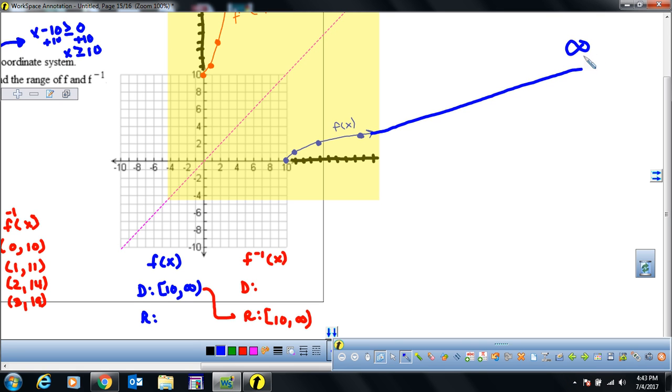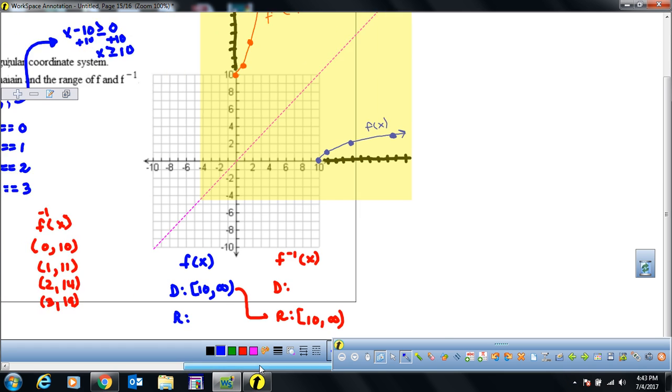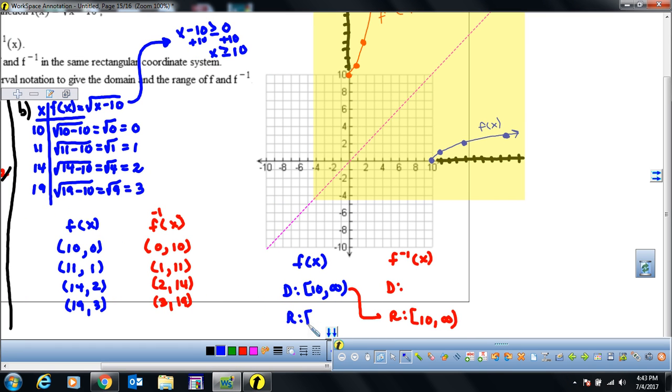So the range is from 0, including 0, all the way to infinity. Now, since the range of the function f of x is 0 to infinity, that also means that the domain of its inverse is also going to be 0 to positive infinity. And that concludes this question as well.